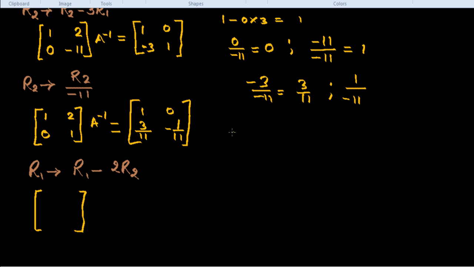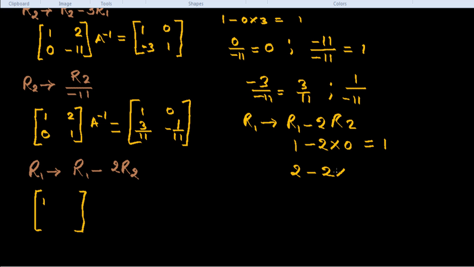R1 is 1, 2, R2 is 0, so you get 1 already, there is no change here. But here, R1 is 2, minus 2 times R2 which is 1, so it is 0, and the second column will remain the same.